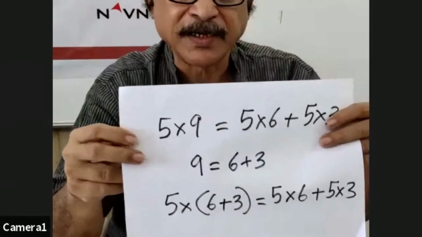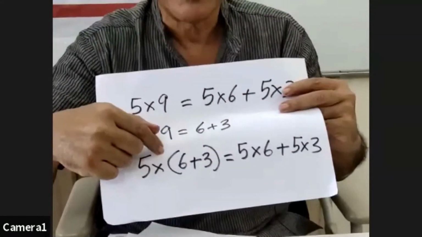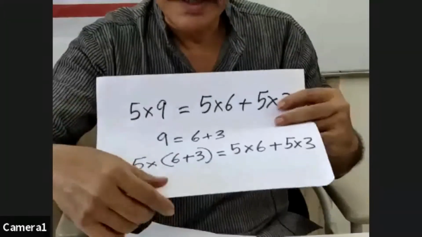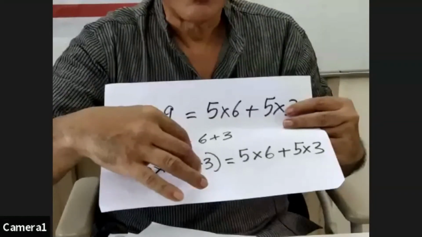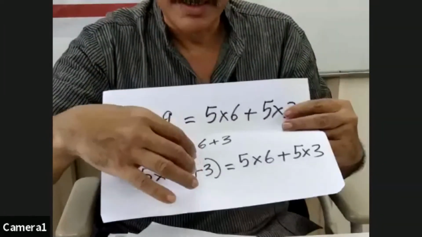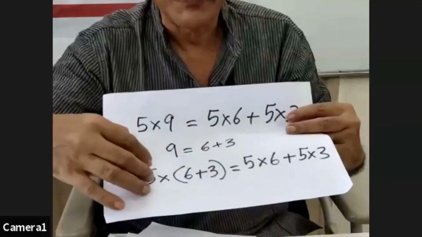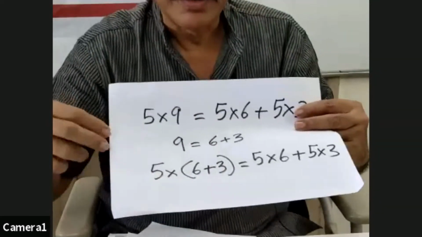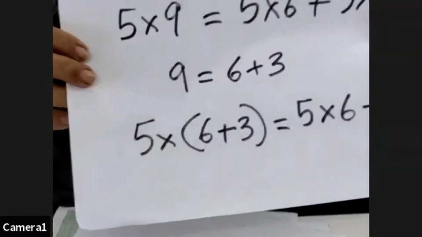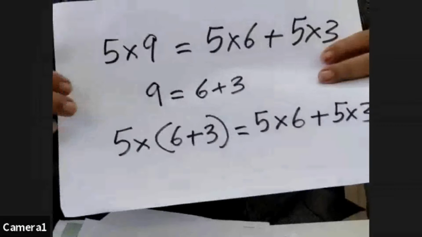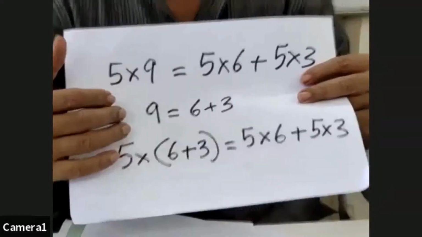What Nandita has done is a very important thing. She has introduced a bracket, which means that I have to add this first, what is inside the bracket, and multiply what is inside the bracket by 5. Last time we saw on a calculator, if you remember, if we don't do what is inside the bracket first, we arrive at the wrong answer.